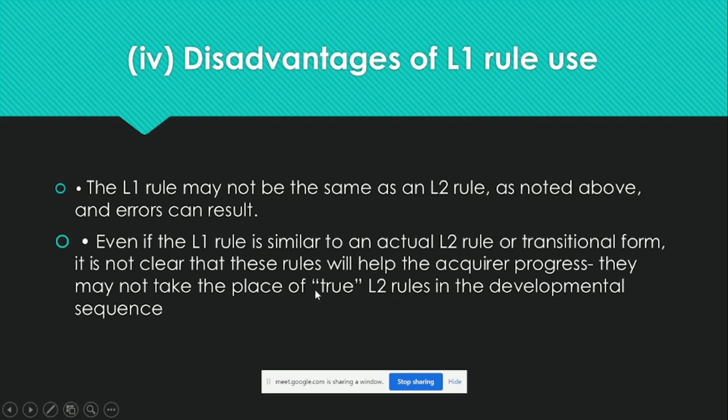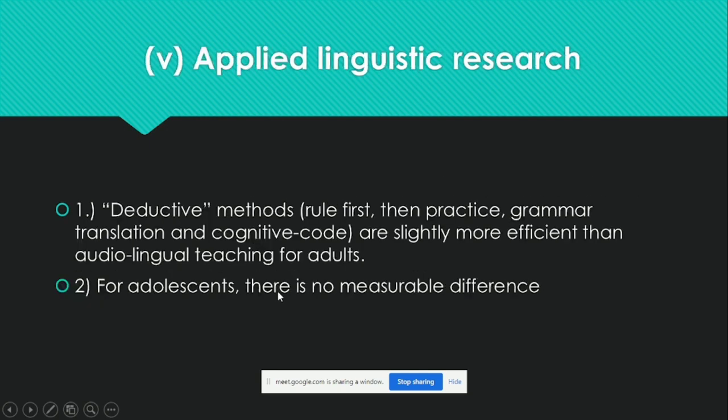They may not take the place of the true L2 rule in the developmental sequence. In applied linguistic research, the deductive method, rules first then structures, grammar translation and cognitive code are likely more efficient than audiolingual teaching for adults. And lastly, for adolescents, there is no measurable difference. I think that would be all.